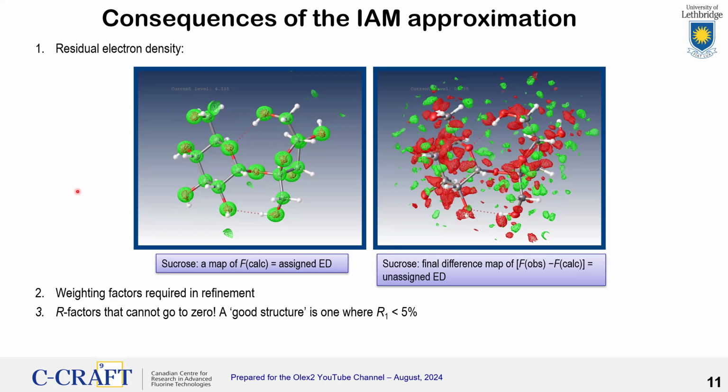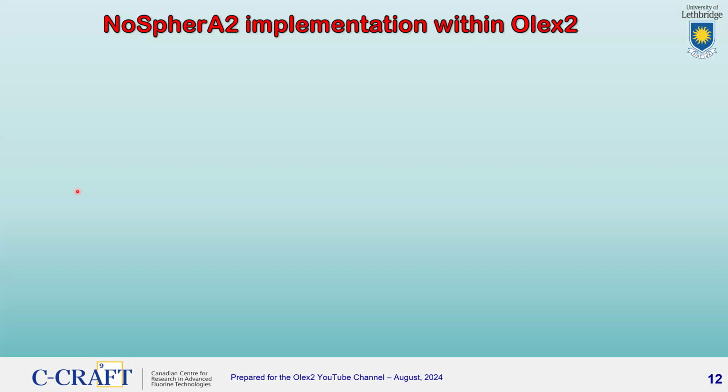And the third and very important consequence to our R factor equation is that they simply can't go to zero. In fact, as I told you earlier, a good structure is one where R is less than 5%. And if R is less than 5%, that means we're only 95% accurate when we're all done with the best possible data and modeling.